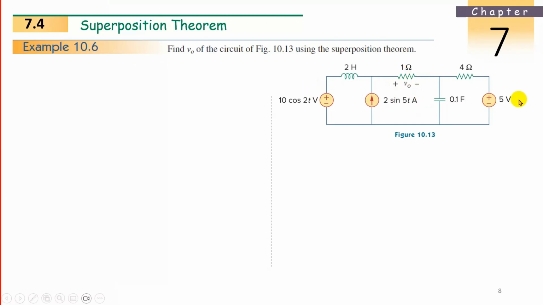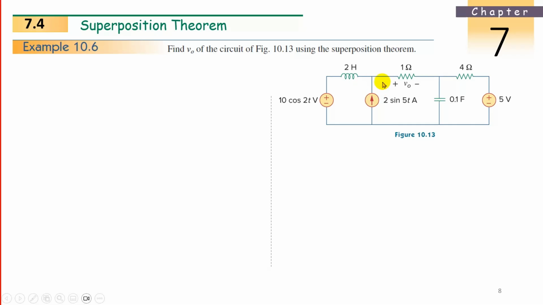How many sources do we have? Three. How many voltage sources? Two. How many current sources? One. How many DC sources? One. How many AC sources? Two. Of those, one is an AC voltage source and one is an AC current source.